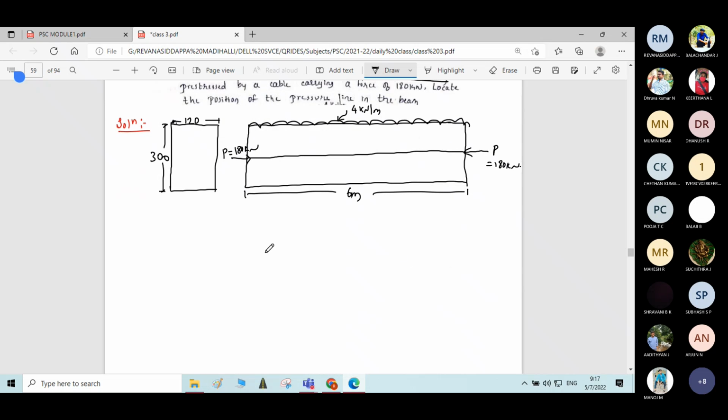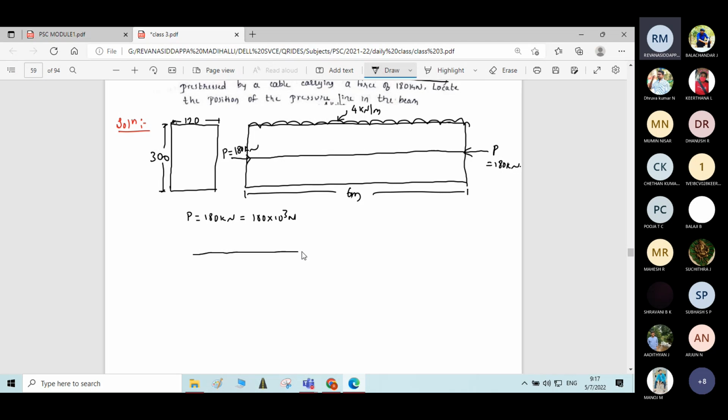Now what is the next step? Next step, we have to find moment at support, quarter span and mid span. P is equal to 180 kilonewton. In terms of Newton, it is 180 into 10 power 3 Newton. This is the prestressing force intensity.